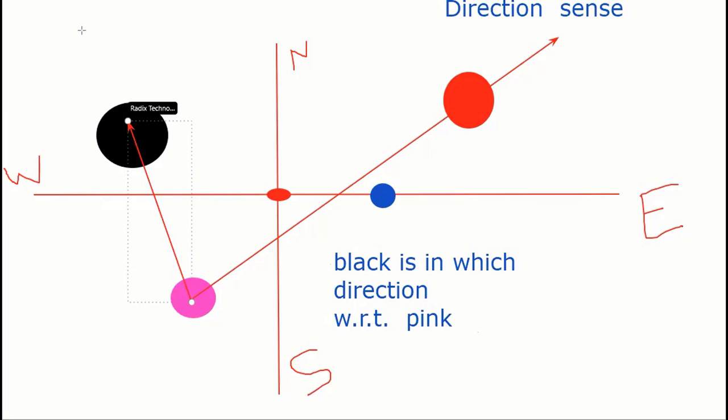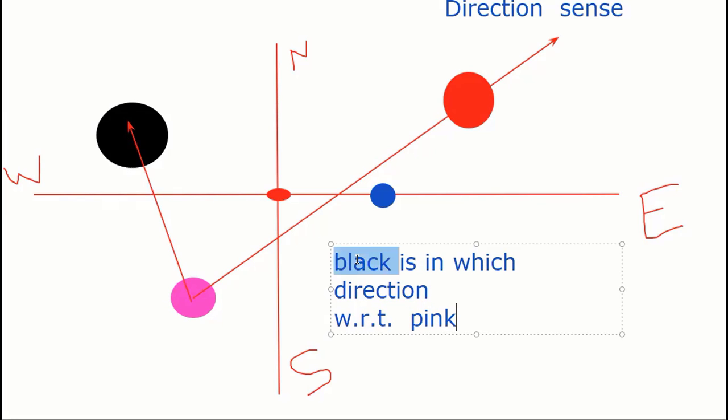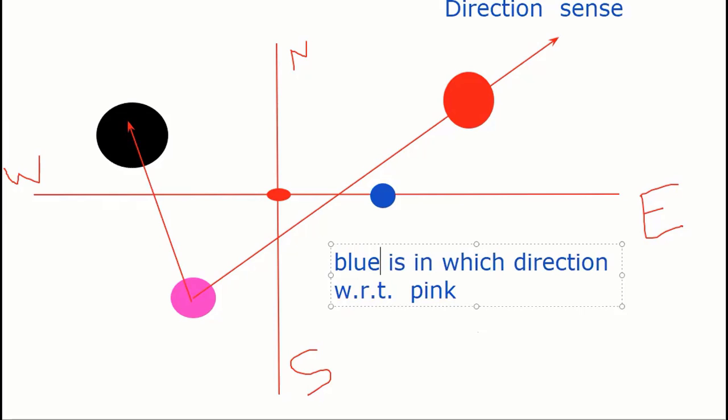If I ask you, blue is in which direction with respect to the small pink, the center one? East. Is everyone perfectly okay with this? East, west, north, south, no confusion, right? So let's start a few questions. We'll do one easy, one medium, one difficult question.